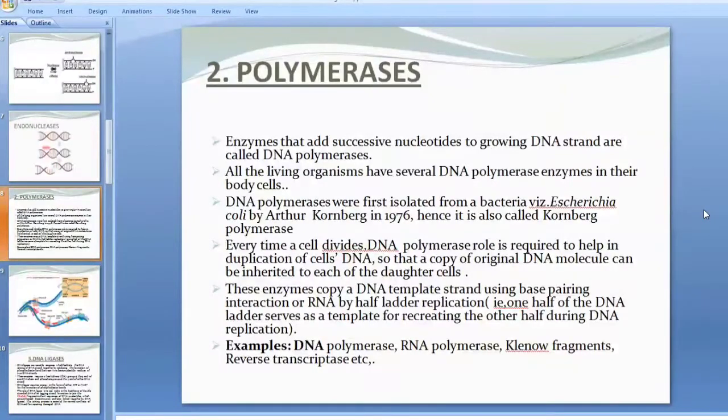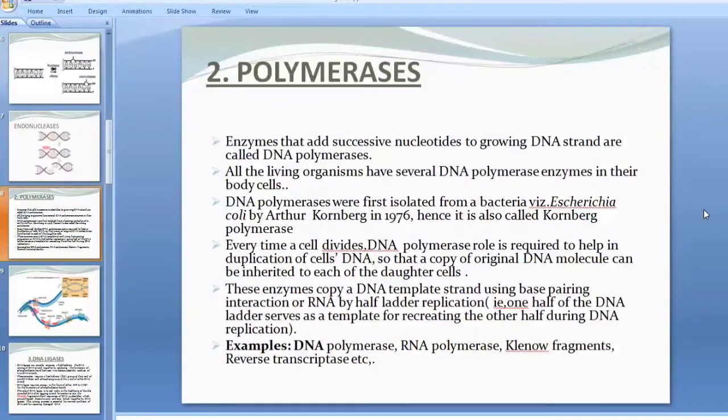Every time a cell divides, DNA polymerase's role is required because it helps in duplication of the cell's DNA so that a copy of the original DNA molecule can be inherited by each of the daughter cells. So this DNA polymerase is desperately needed for the duplication of the cell's DNA.